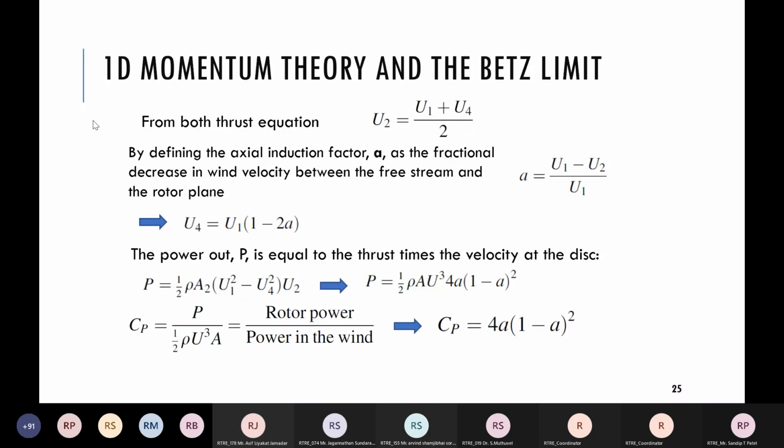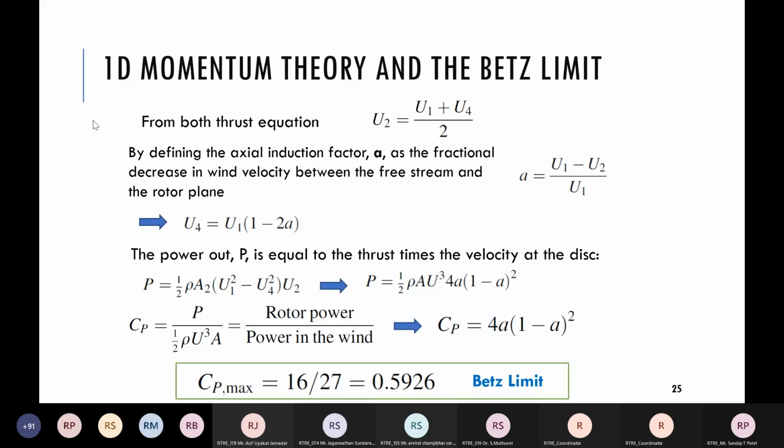For that, we can differentiate this equation of CP with respect to A and equate it to 0. In that case, A will become 1/3, and if we substitute that value in the equation of CP, we get CP max, which is approximately 0.59. It means approximately 60%.